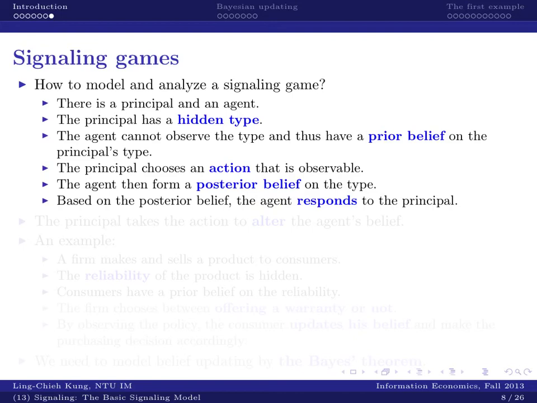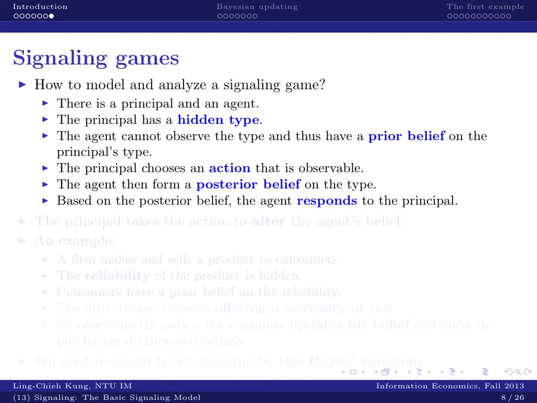Let me make an example. For example, when we are offering warranties, the quality is uncertain. Suppose the quality may be high or low. If I enter the market with a hidden quality, probably consumers will randomly guess my product. The quality is just high or low, with 1/2 probability to be high. And then I offer a warranty, a very generous warranty. Then the agents, by observing the warranty, will update their belief about the quality.